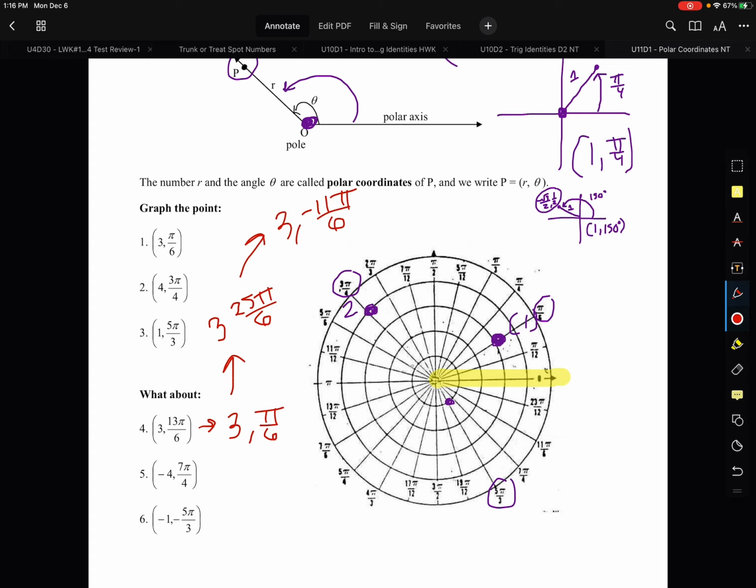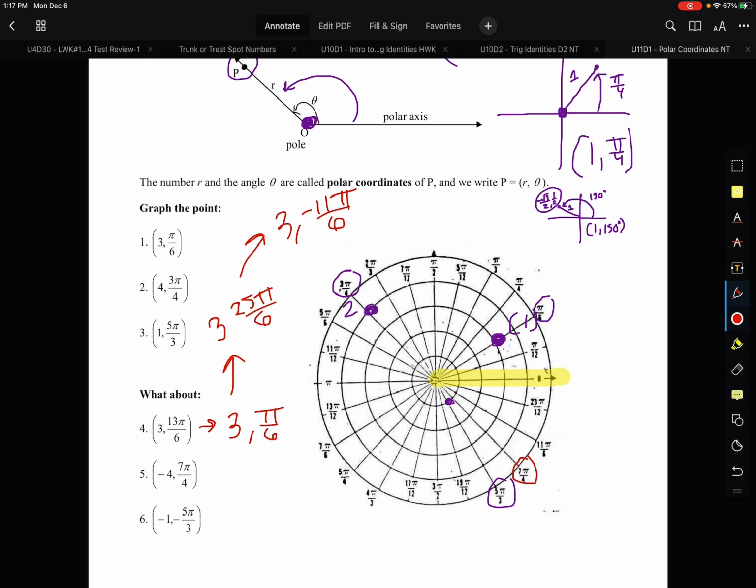Okay, negative 4, 7 pi over 4. All right, a little bit different idea here now. We got negative 4. So we go to 7 pi over 4 in our graph, which is here. But since we're negative, instead of going the normal way down the axis, we reverse.